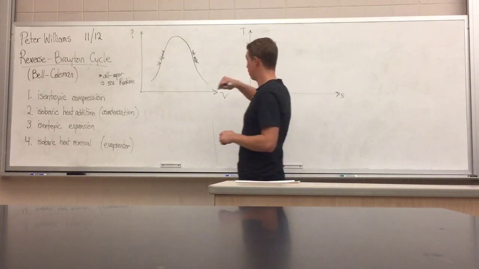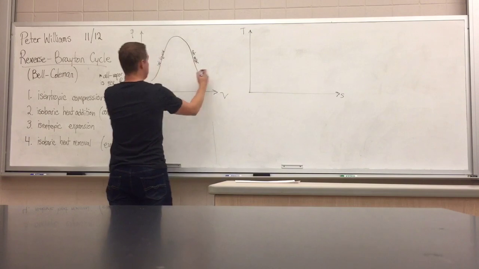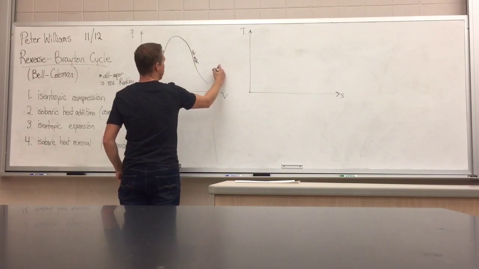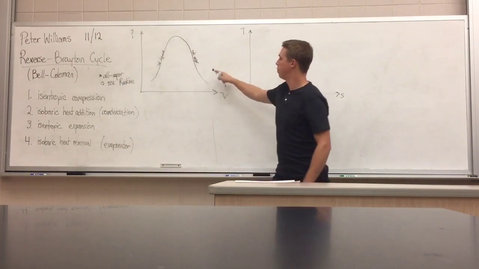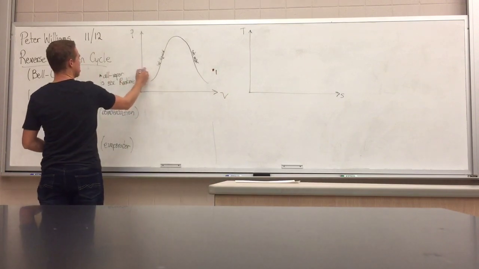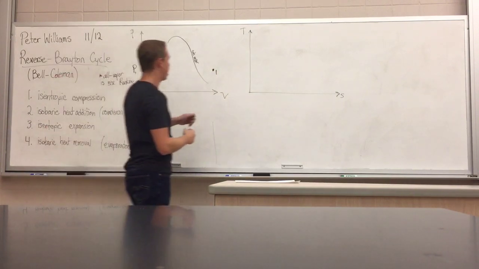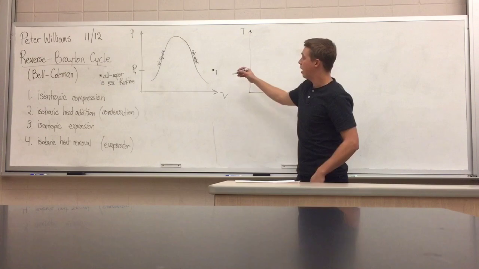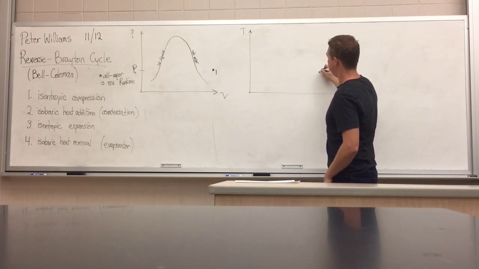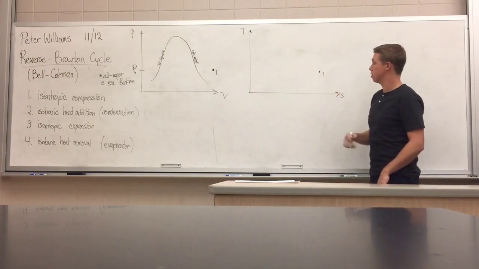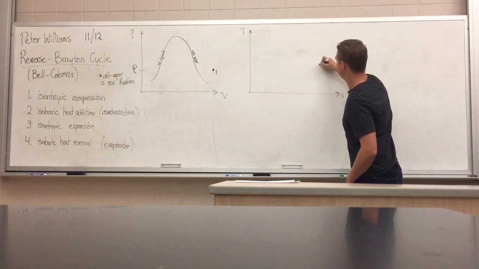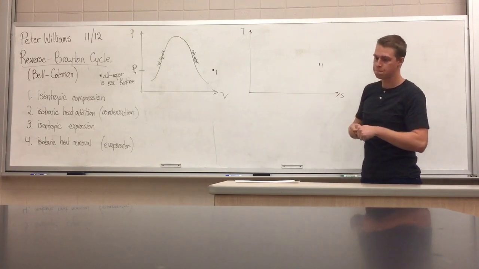The first thing that we're going to do is start out here in the gas phase. And this will be point 1. And we're going to be at a pressure P1 out there, okay? And this corresponds with some point out here in TS space. That's going to be state 1.